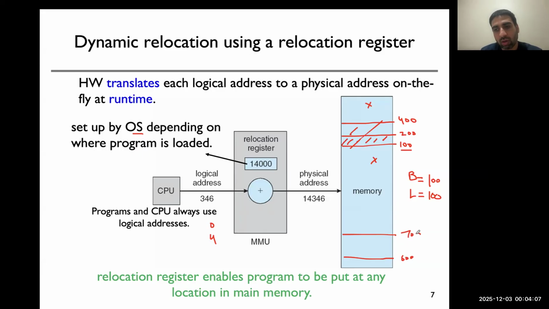Then at the time when it was scheduling or launching the process for execution, the operating system can say base register is equal to 600 and limit is equal to 100. So you can see that now the program will have been loaded here, not in this region.